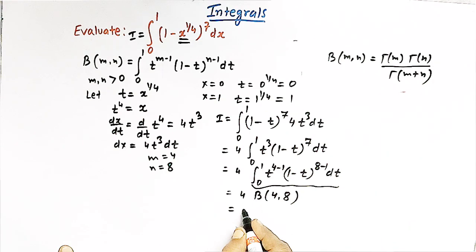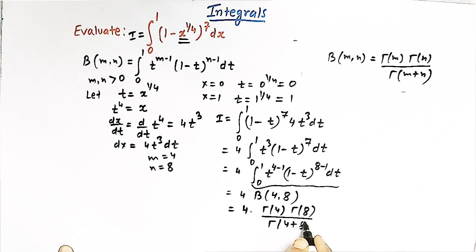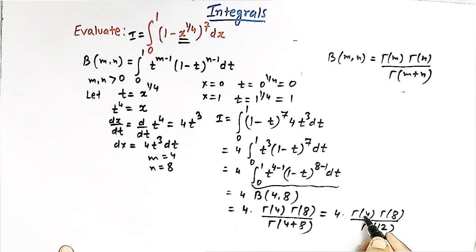So here we can now write 4 times Γ(4), Γ(8), and we have Γ of 4 plus 8. So we can now write 4 times Γ(4) Γ(8), and then we have Γ of 12, right? So now we have to find out the values of Γ(4), Γ(8), and Γ(12).